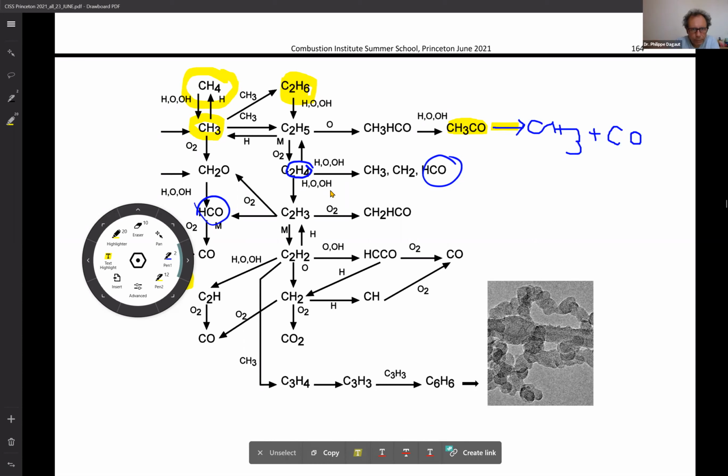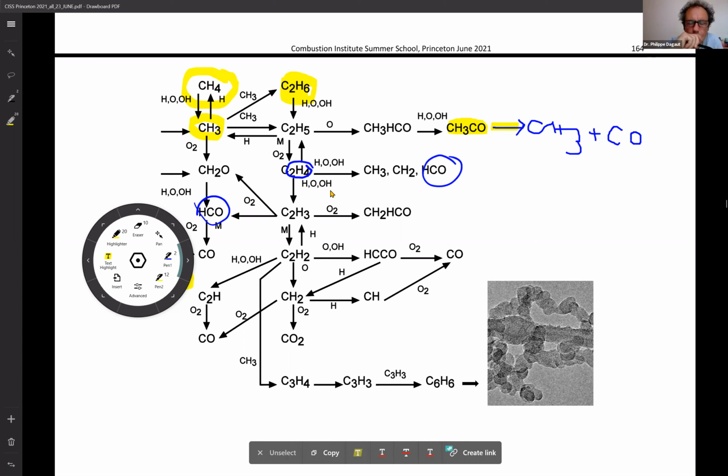But ethylene can react through H-atom abstraction and form a vinyl radical. And these vinyl radicals are key intermediates here.